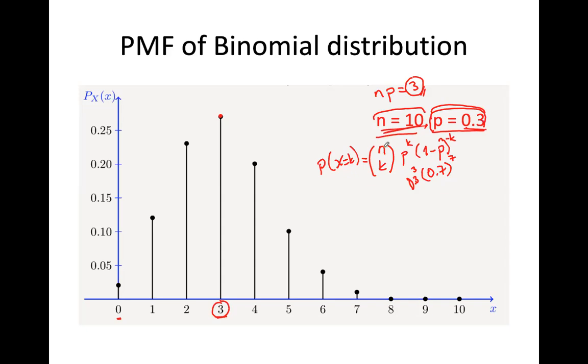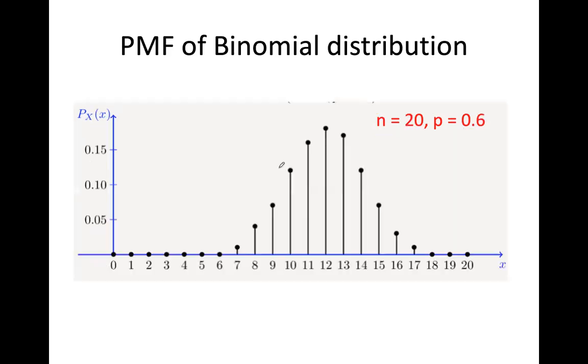Okay? So that's why, for example, if I do 20 and 0.6, what is the highest value? 20 times 0.6, which is 12. Out of 10, 6 heads is probable. Out of 20 flips, 12 flips are probable.